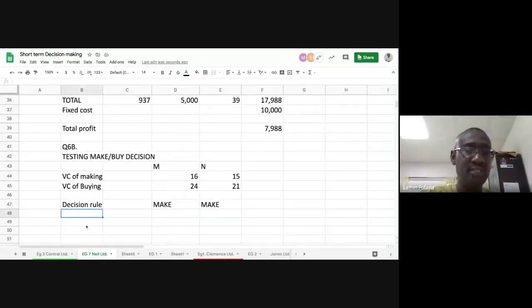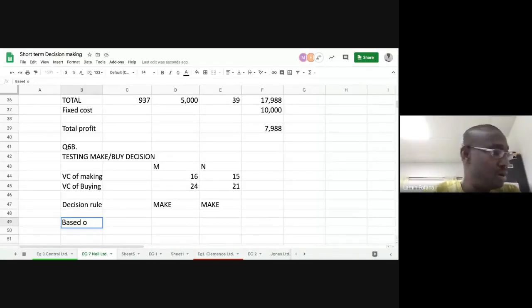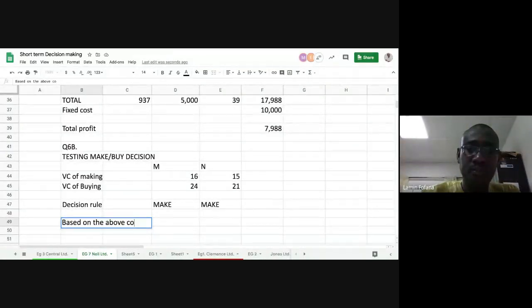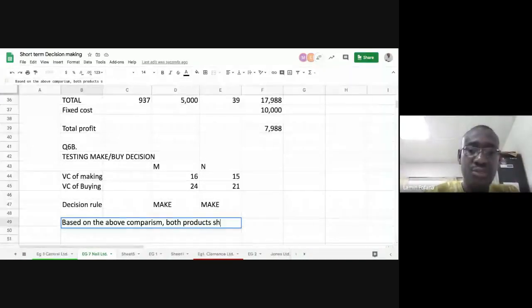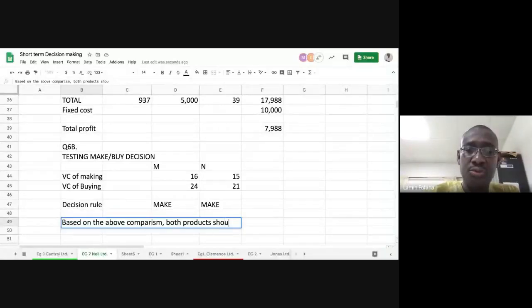I'll type what we've been discussing here: based on the above comparison, both products should be made internally.